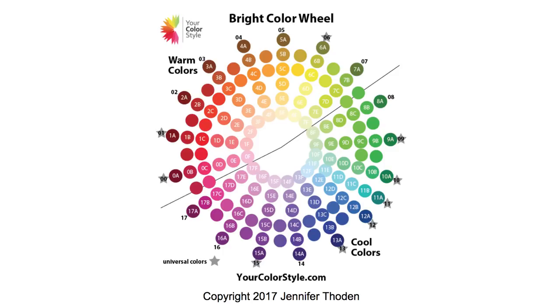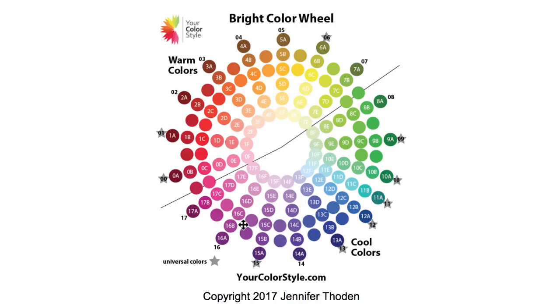So when looking at a color wheel, you will see that the color wheel has warm colors and also has cool colors. So it's not to say that cool undertones means that you can only wear cool colors and warm undertones means that you can only wear warm colors.